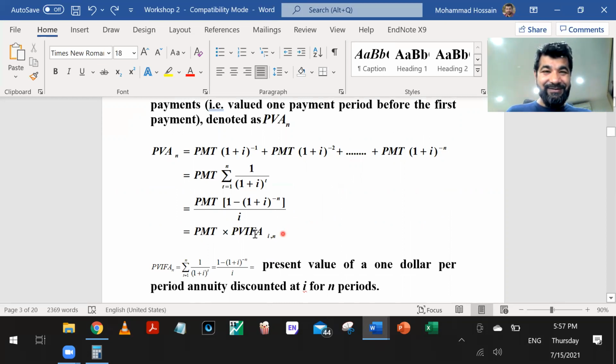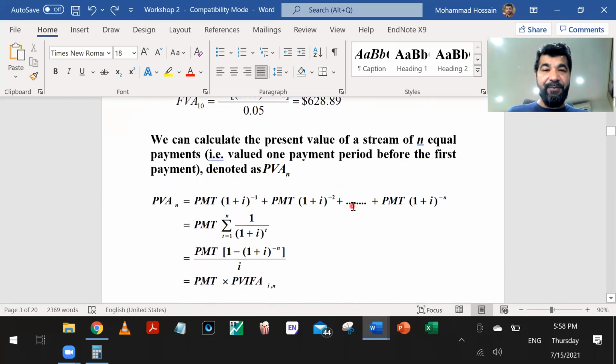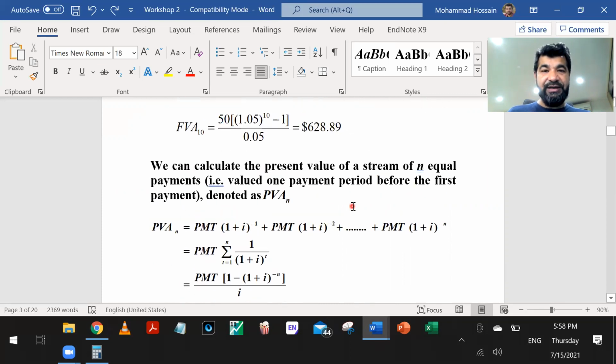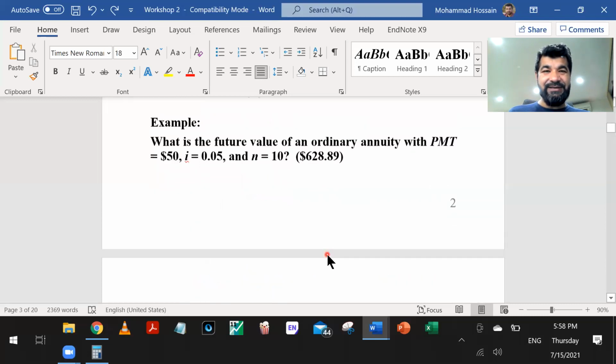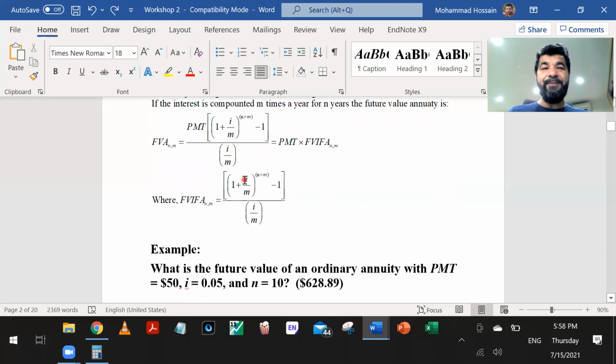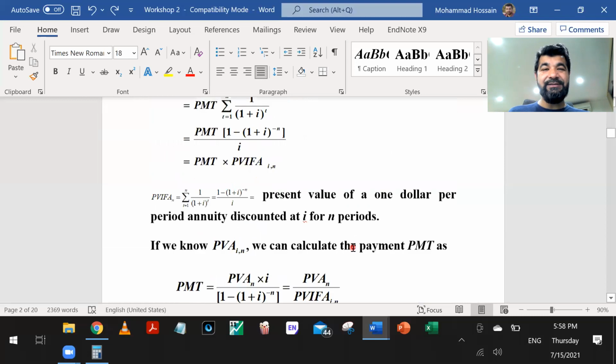So now you see here, present value annuity: payment into the present value interest factor annuity this time, and the formula is different. If you compare these two formulas, this one is payment into 1 minus this, while in the future value case it's 1 plus I by M minus 1.